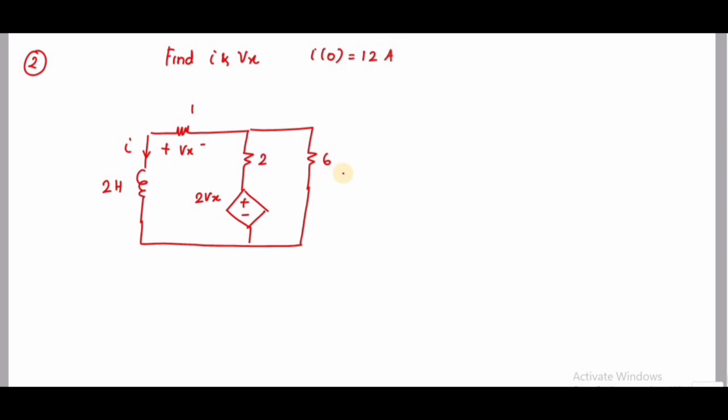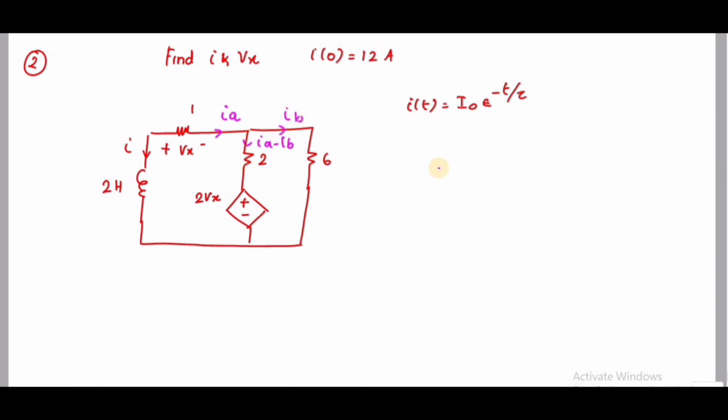And the initial current through the inductor is 12 amps. So we know the formula, right? This is the formula for the current flowing through the inductor. So let me term this is I naught.